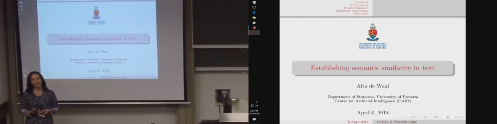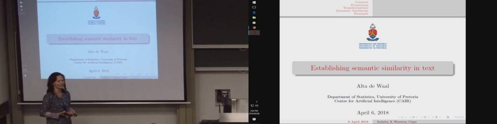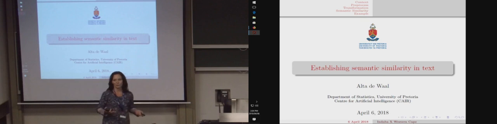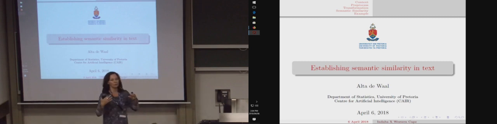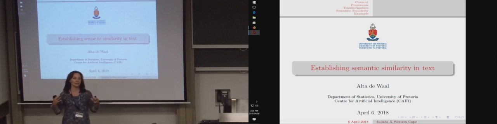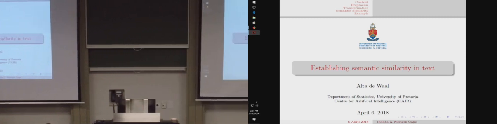And I can make this a very technical and intimidating presentation, as I'm sure all of us can do, but I decided to do it more in a tutorial kind of way, so that you can walk away and hopefully try to do it yourself. So I'm going to explain the steps and the ingredients that you need in order to do semantic similarity analysis.